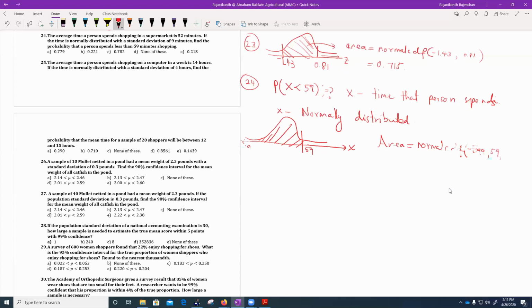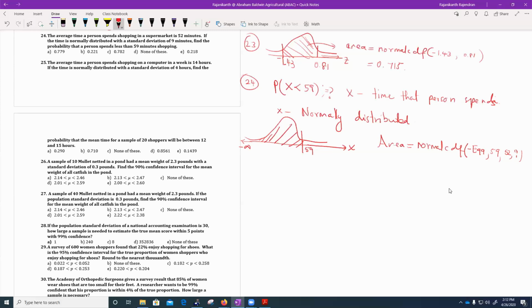Now you have to define your mu value here. The mean of the problem is given. If you read the question carefully, the average time, the mean time, is 52, so you need to write 52 here. And the standard deviation for this problem is 9. Remember, for the standard normal, you don't need to define this, since the calculator has the default values.